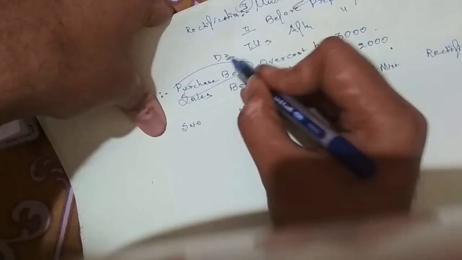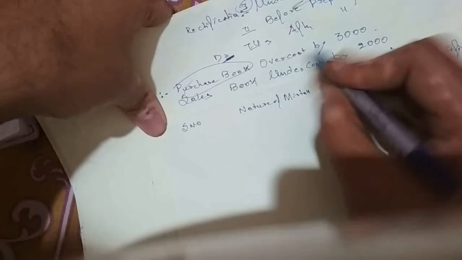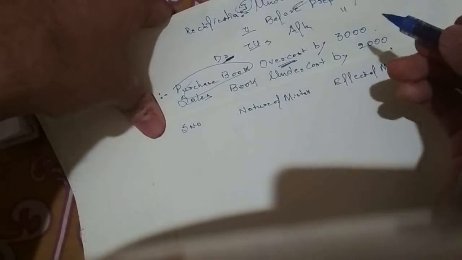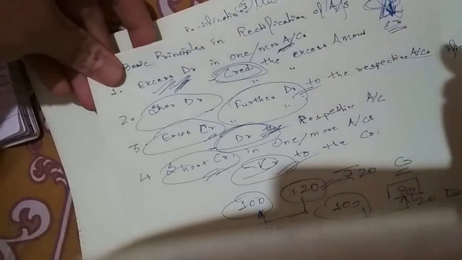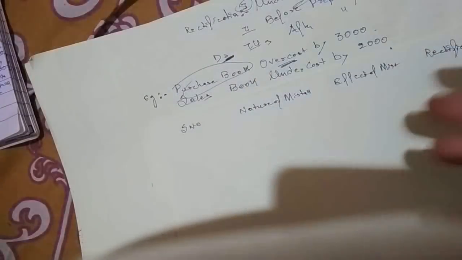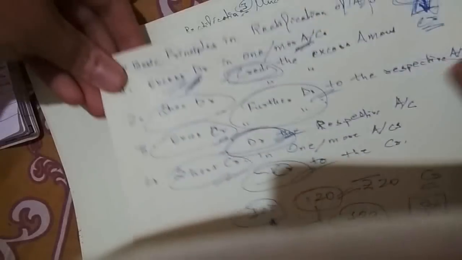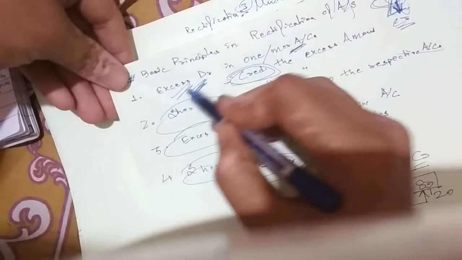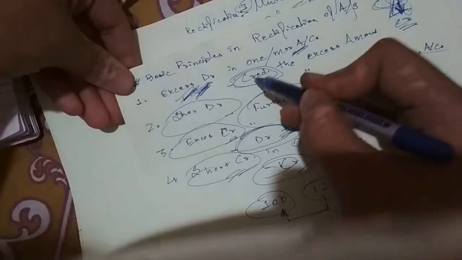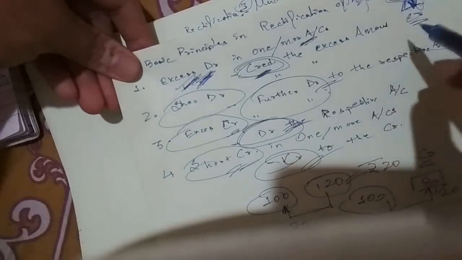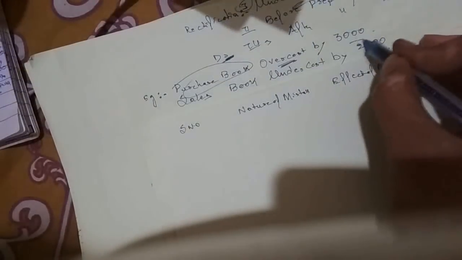So whenever there is a debit balance and there is an excess debit, what do we do according to the rules? You can refer to the rules, or you can also easily apply your mind, but for ease I am telling you to refer to the rules. See, excess debit, what do we need to do? We need to credit the excess amount. The excess amount is 3,000.